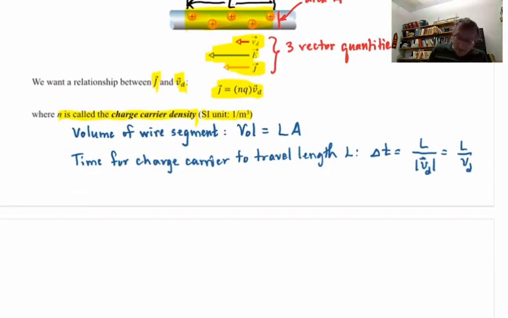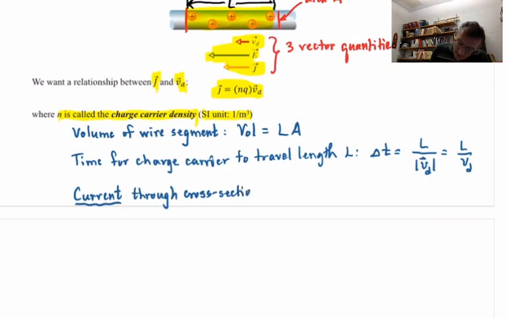Next, imagine a cross-sectional slice up here at the left end of this segment. What's the current through that slice? Current, not current density, current, through any cross-section.